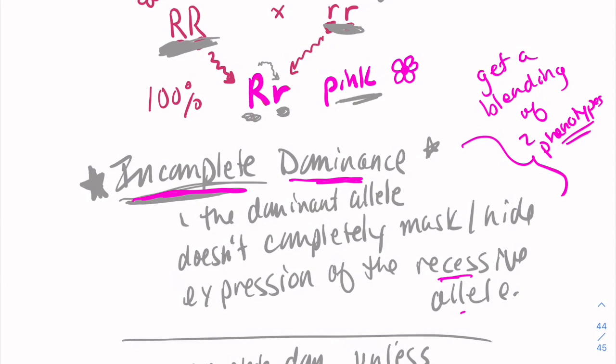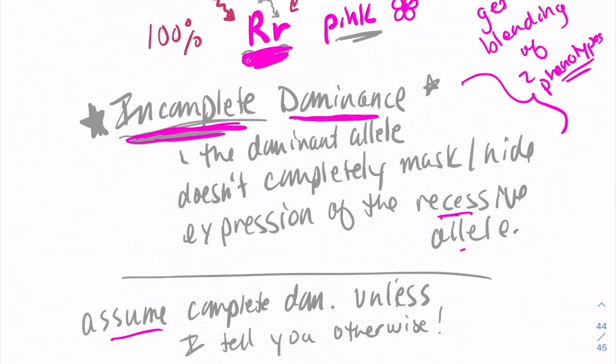This was to trick you, because of course you were going to say that the flowers were all red because the dominant allele was present, and that dominates the white allele. But in this case, no, because this is a case of incomplete dominance. And I also told you to assume complete dominance. That means just normal, the way we had been doing it, unless I tell you otherwise. If I tell you something exhibits incomplete dominance on the final exam, you need to know what that means.